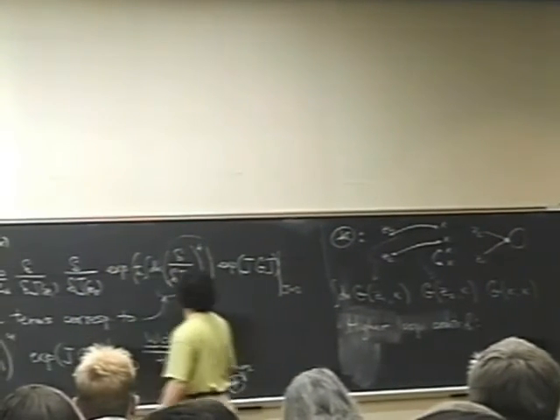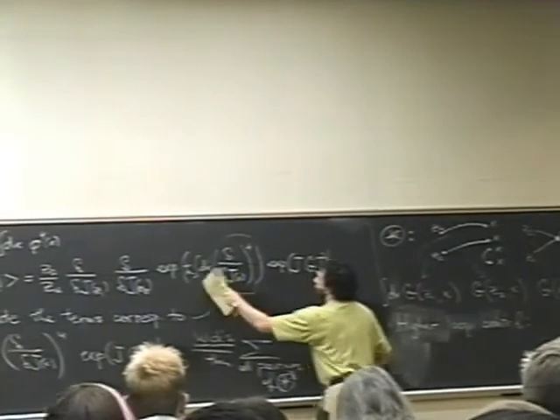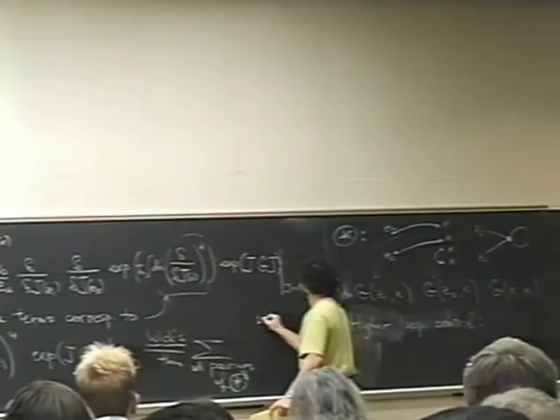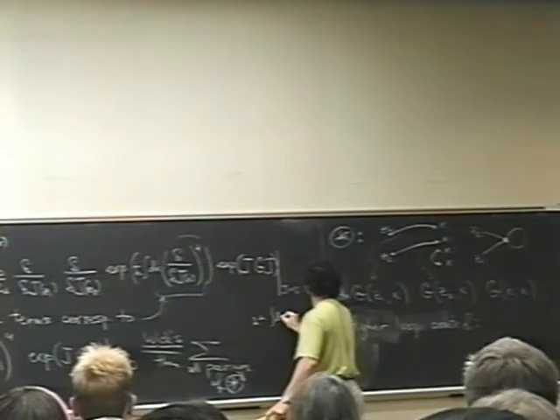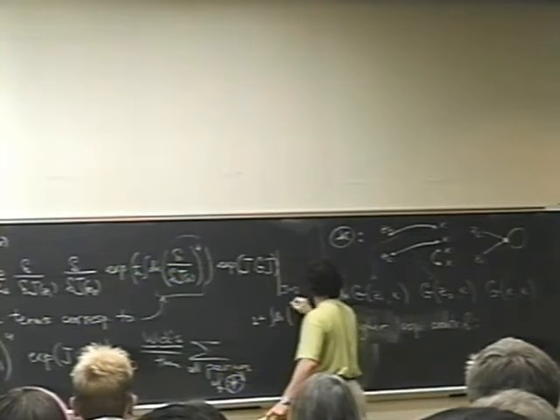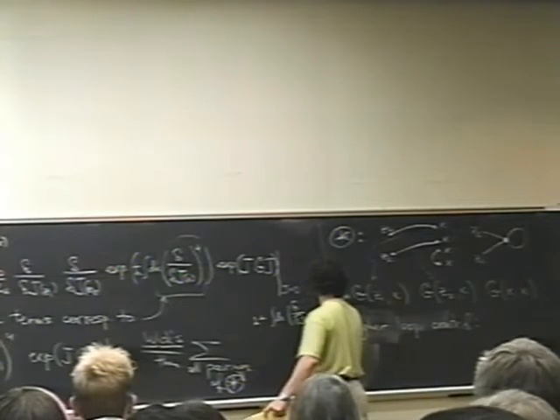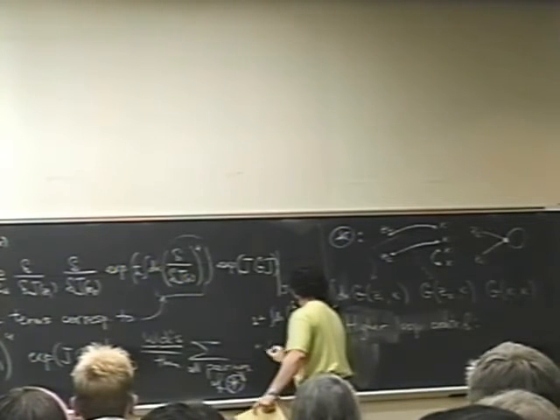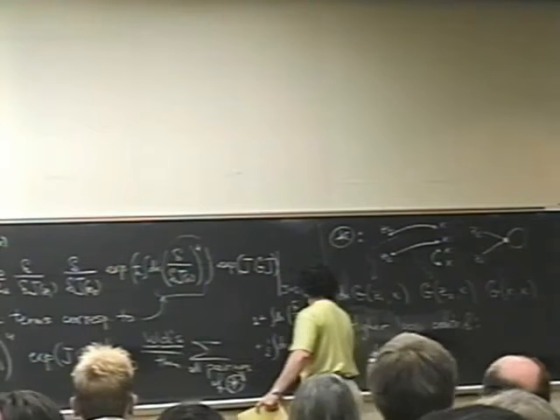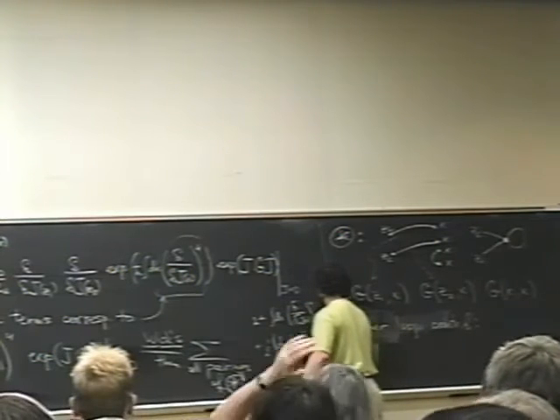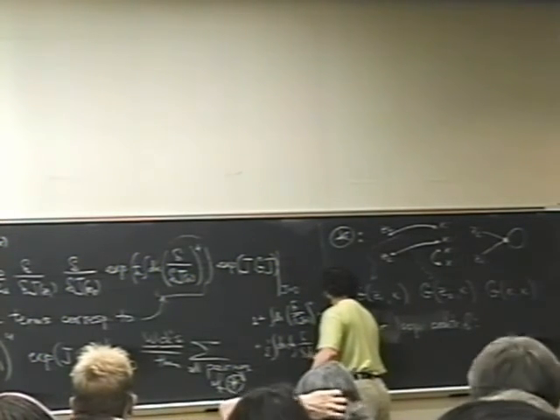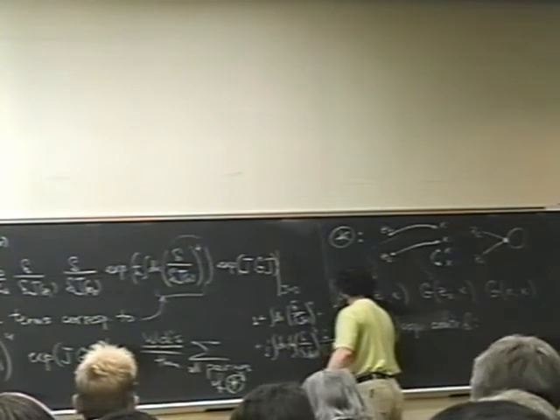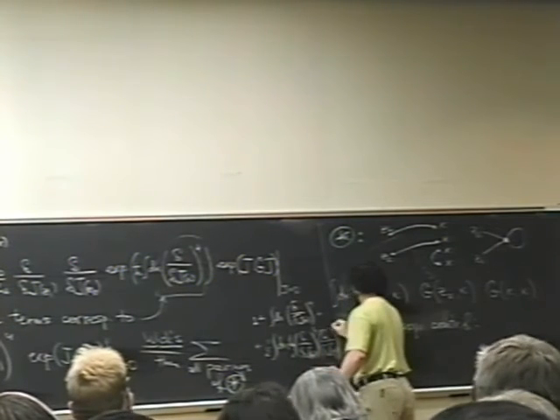Because when I write the exponent, the first terms of the exponent will be 1 plus the integral dx of this guy, djx in the 4th, and then there will be half of the integral dx dy, djx in the 4th, djy also in the 4th, right?